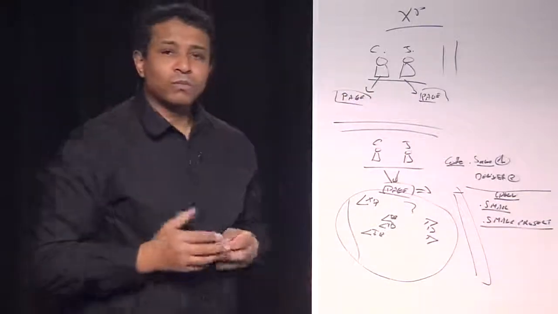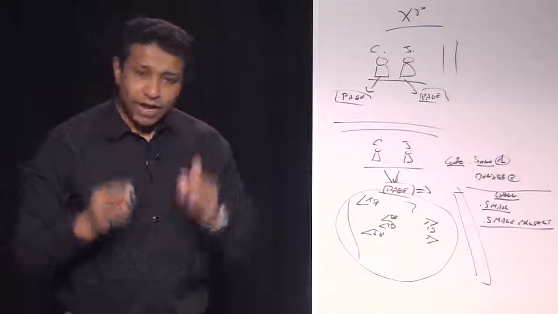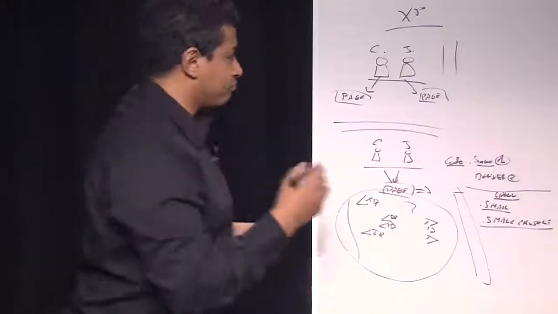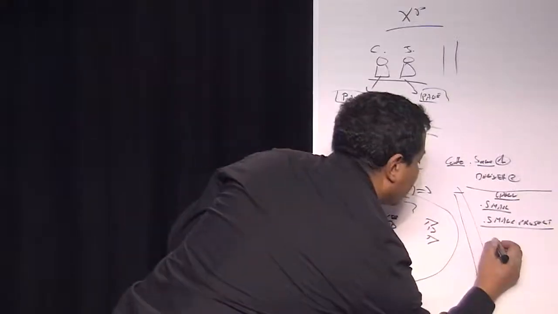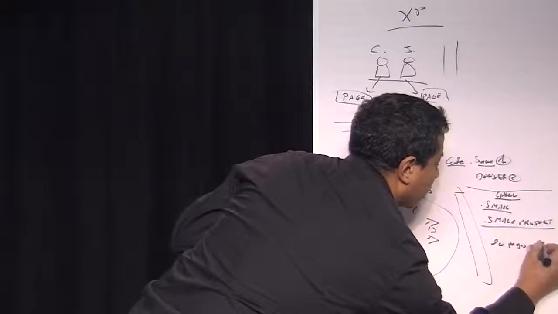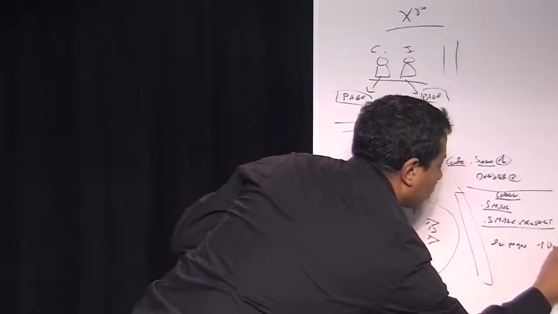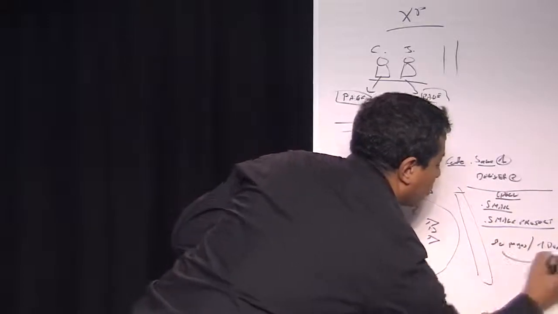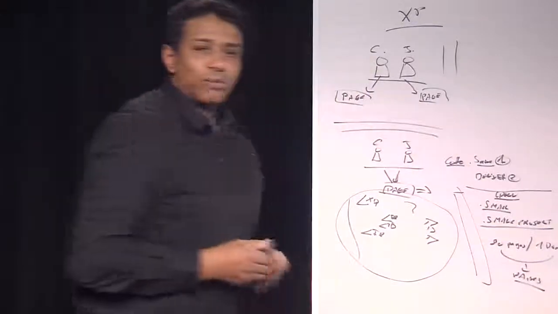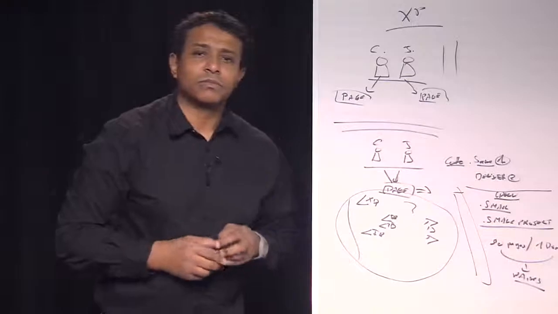Why so? Because if I don't have a small project, it means that I will have, let's say, 20 pages to do in 1 month with pairs. Will it be possible?